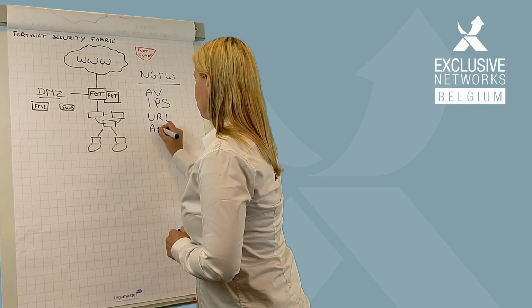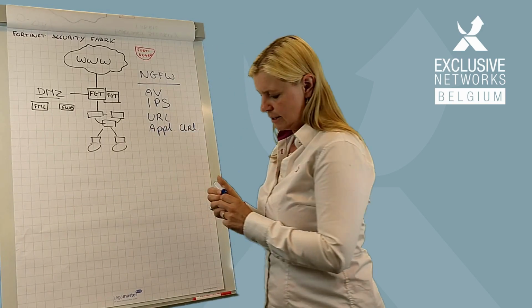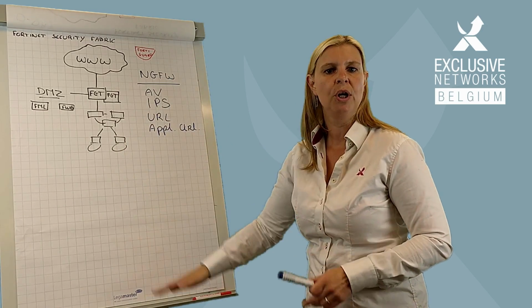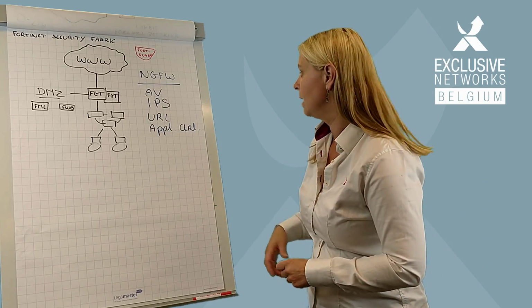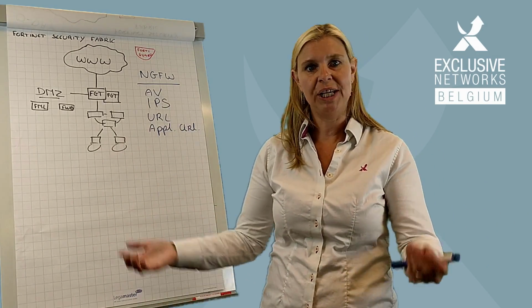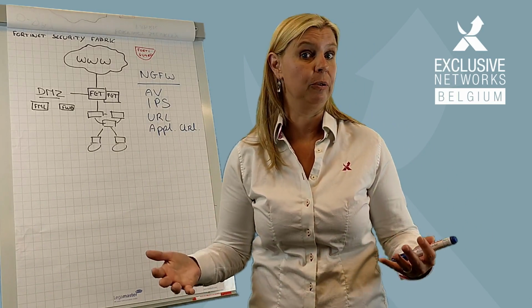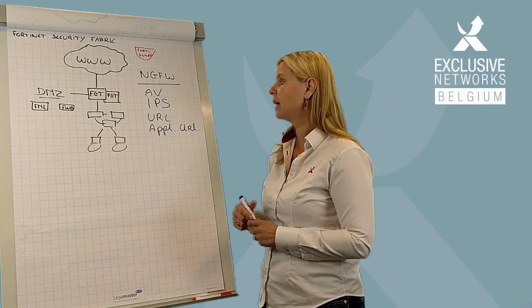We have application control. So for instance, with the URL filter, we can allow or not allow Bob to go to a certain website, let us say Facebook. And with application control, we can go into the application, into Facebook, and block Farmville, for instance, one of the games that you can play within Facebook.